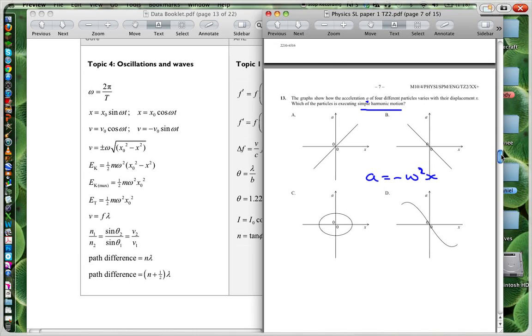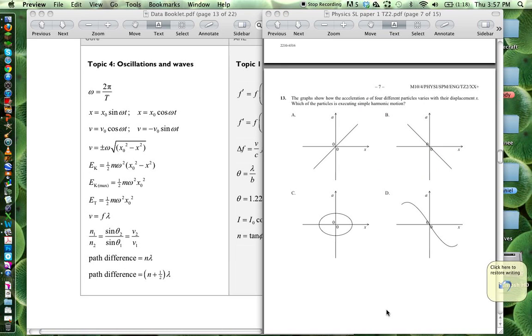So a is proportional to x, and the negative sign shows that it always operates in the opposite direction. Your acceleration is always towards the equilibrium. So B would be the correct answer there. We need a proportion graph, and we need a negative proportion like that.